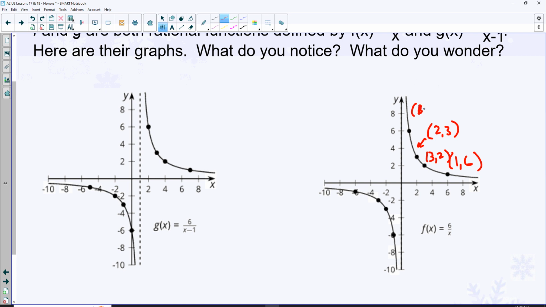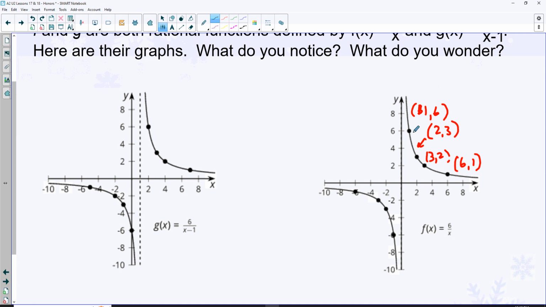This is 1, 6. And this is 6, 1. Okay, 6 divided by 6 is 1, and 6 divided by 1 is 6. So when you're in these situations, we can look at these dots and kind of see how the function is being drawn.